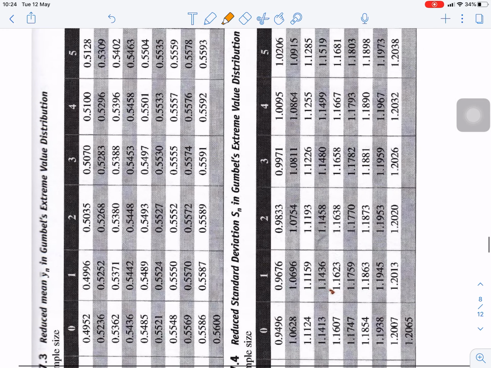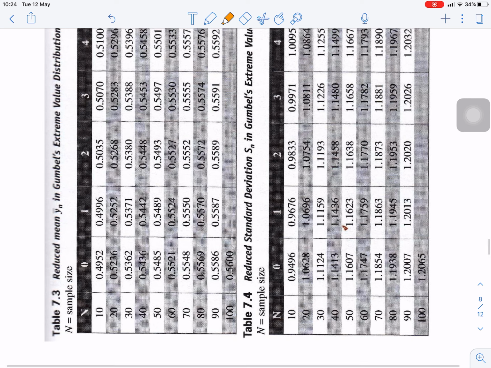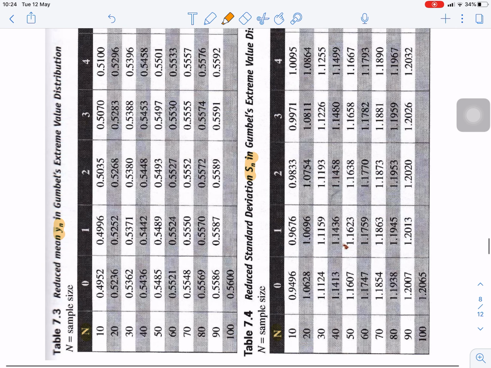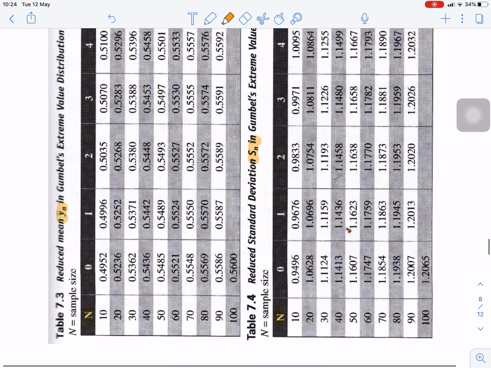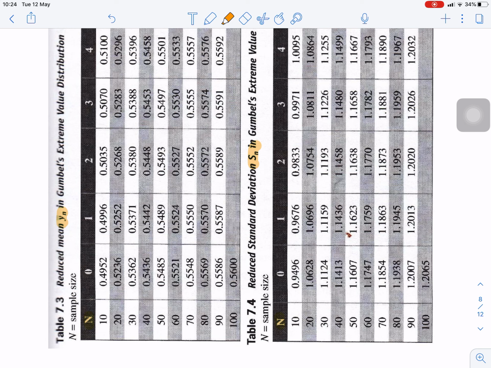This table shows how to estimate y n based on the sample size, and this one estimates s n based on the sample size. The next example will show you how to use these tables to estimate k, the frequency factor.